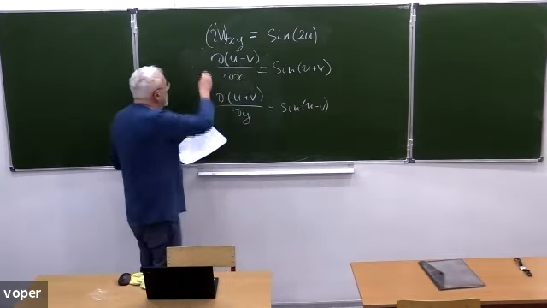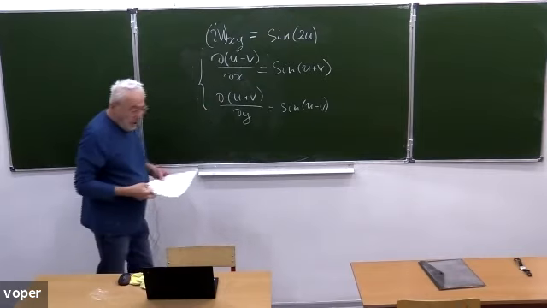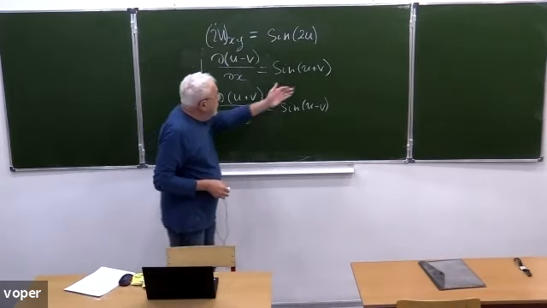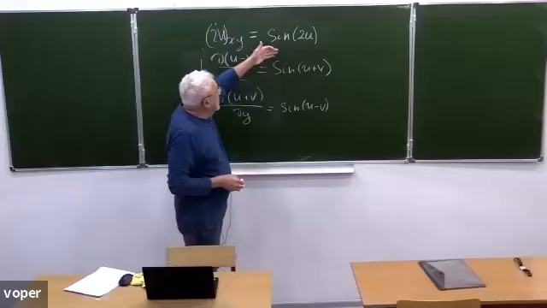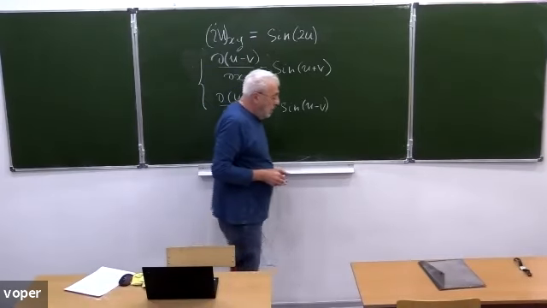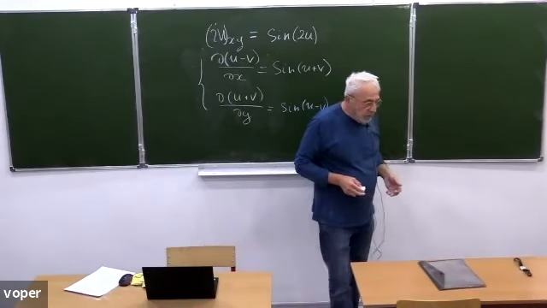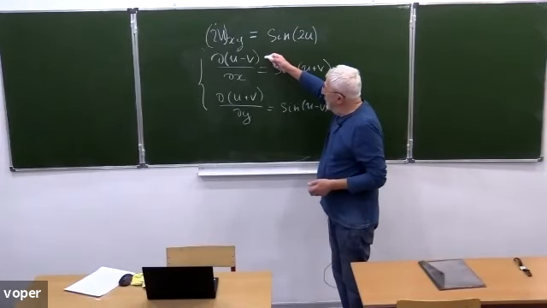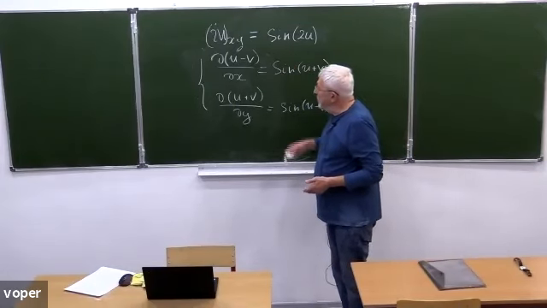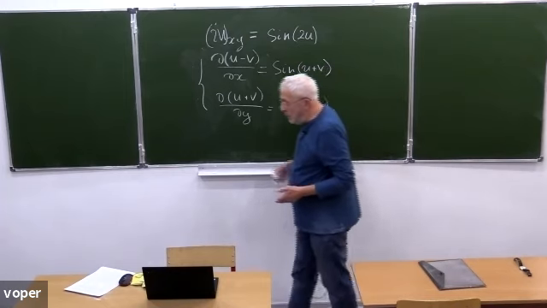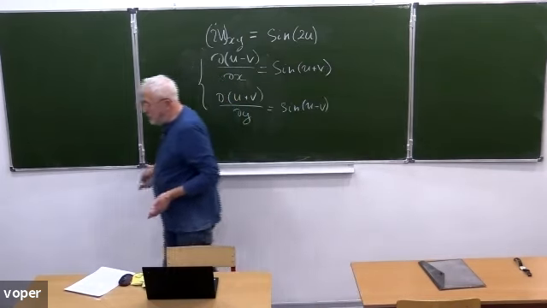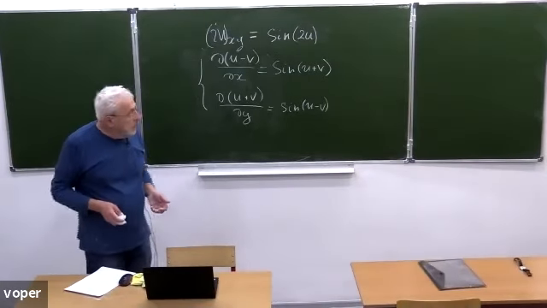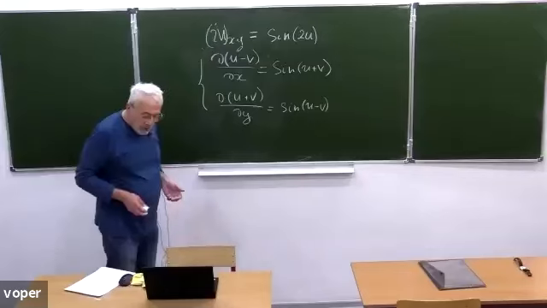So this system possesses the following property. If, say, U is a solution of the Sine-Gordon equation, then V found from this system is a solution as well, and vice versa. So this is the classical outer Backlund transformation for the Sine-Gordon equation.